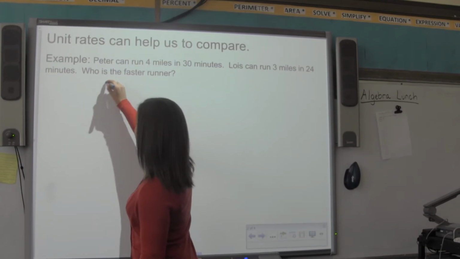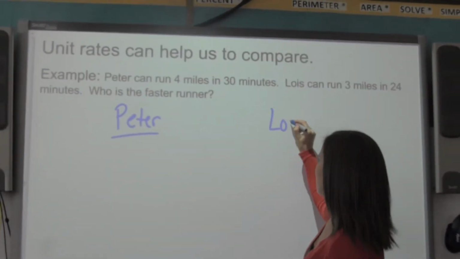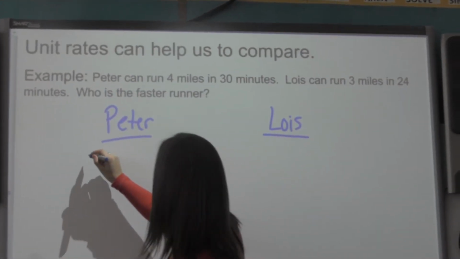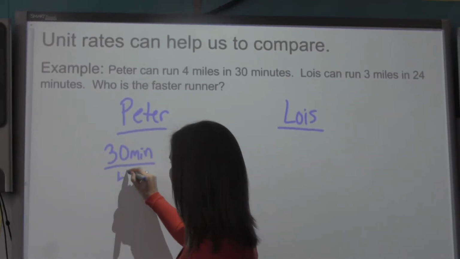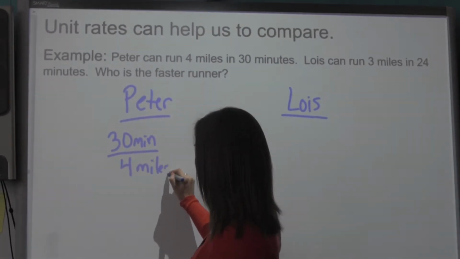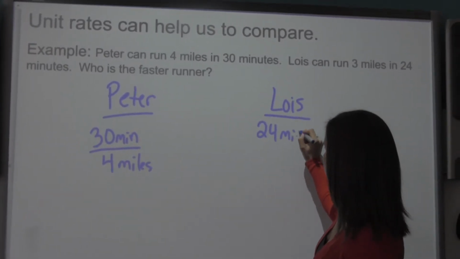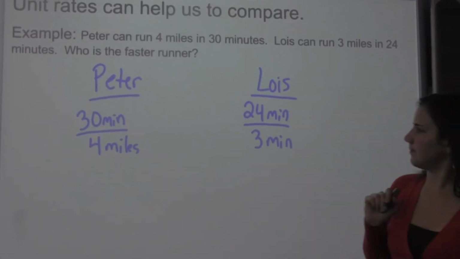So I'm going to set up a little table here where I have Peter on this side, Lois on the other, and I'm going to compare Peter's 30 minutes for 4 miles to Lois's 24 minutes in 3 miles.